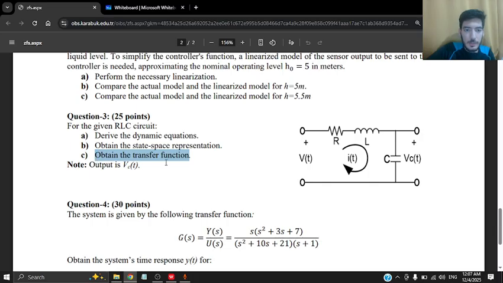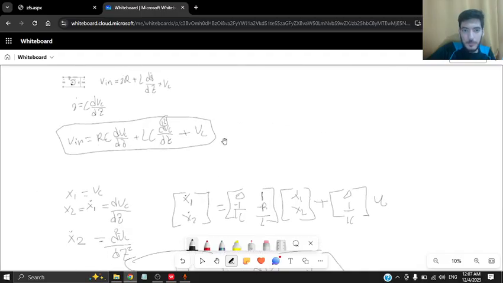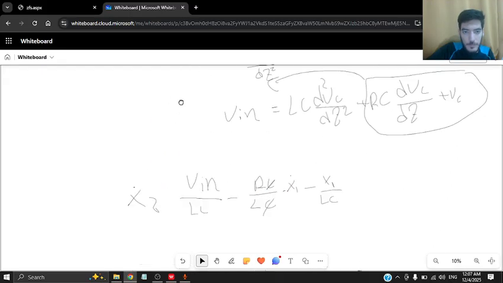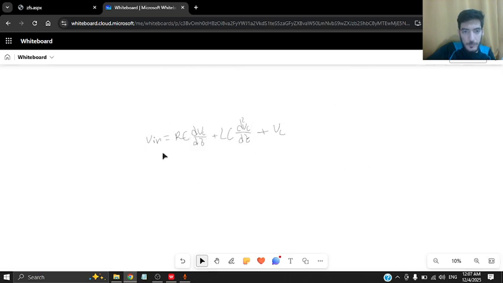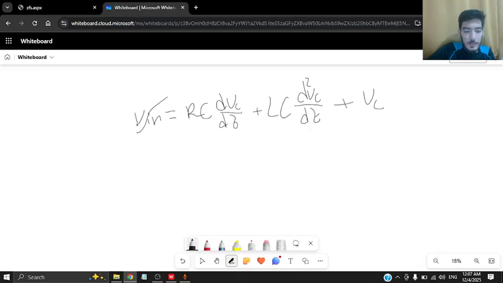Now for the third part, it requires me to obtain the transfer function. So if I bring back the differential equation, and take the Laplace transform, it will be Vn(s) equal to, here the differentiation equals multiplying by s in the Laplace domain, so it will be s Rc multiplied by Vc(s).